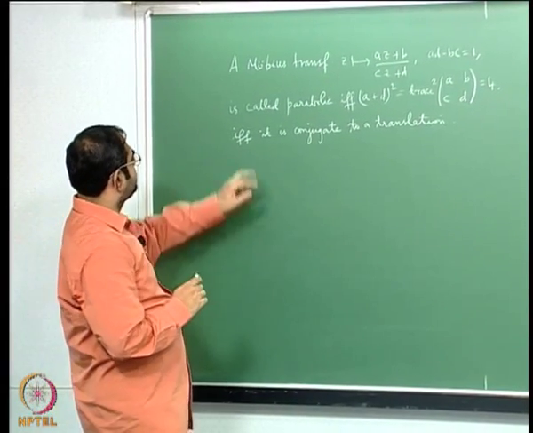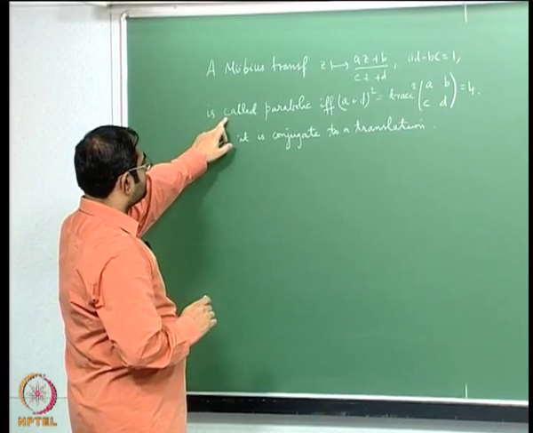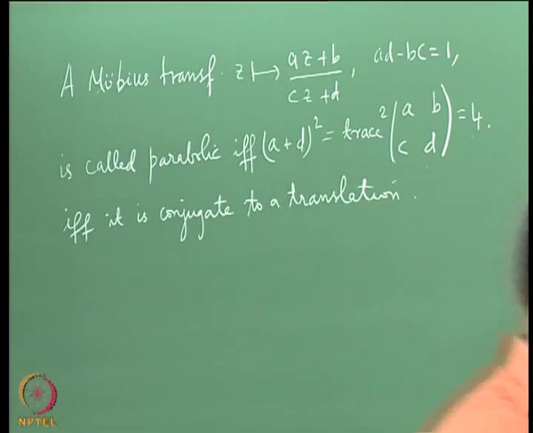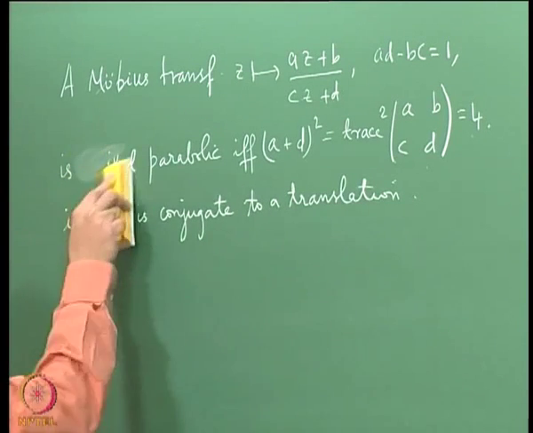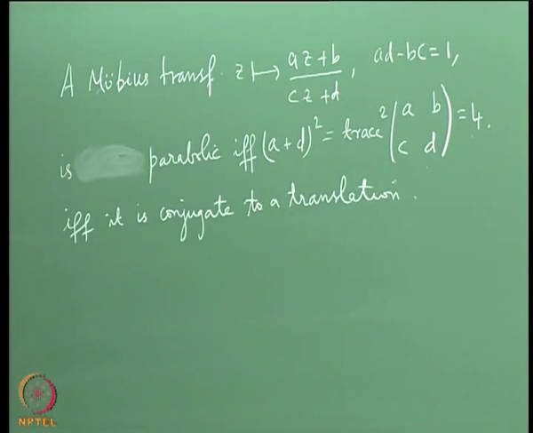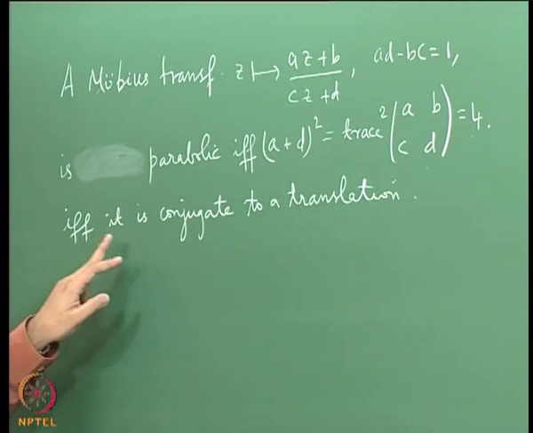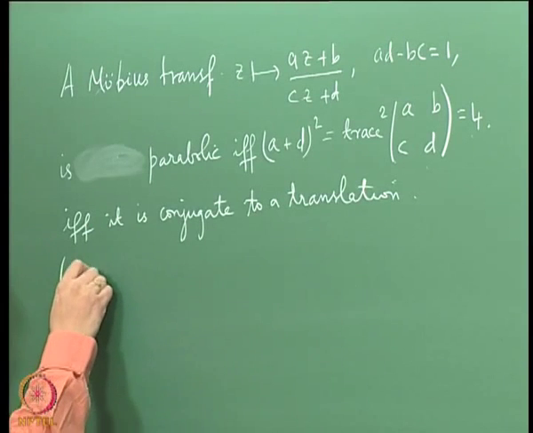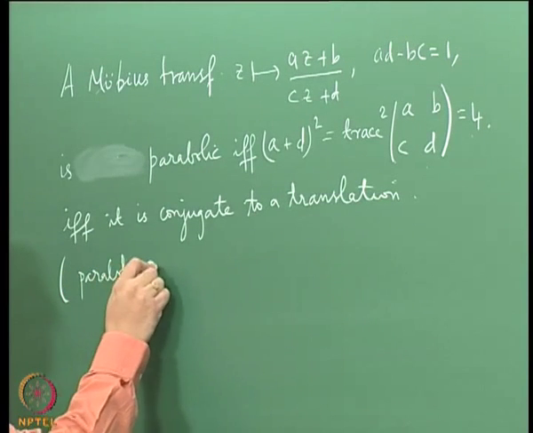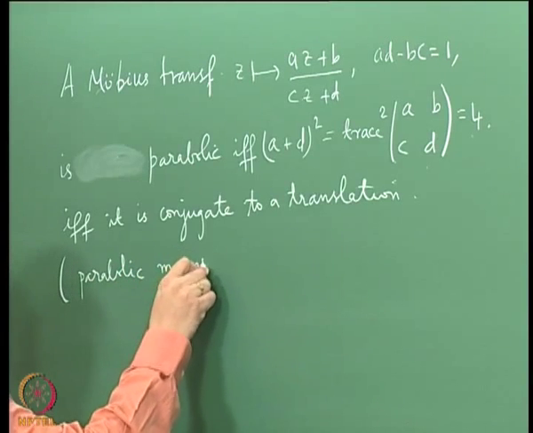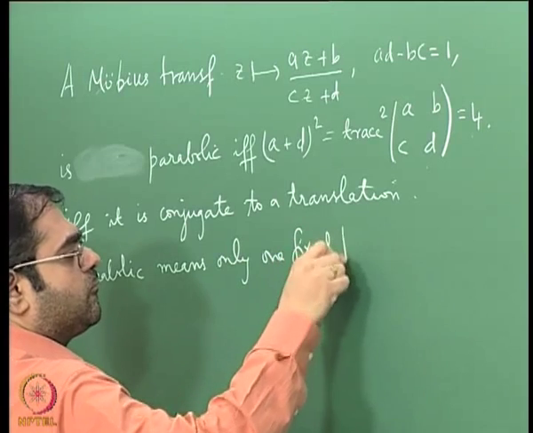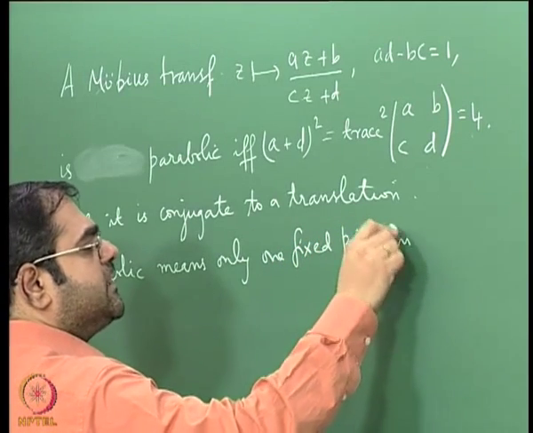So let me recall, maybe I should modify this. I should not say it is called parabolic, it is parabolic if and only if this condition holds, and of course parabolic means only one fixed point in C union infinity.